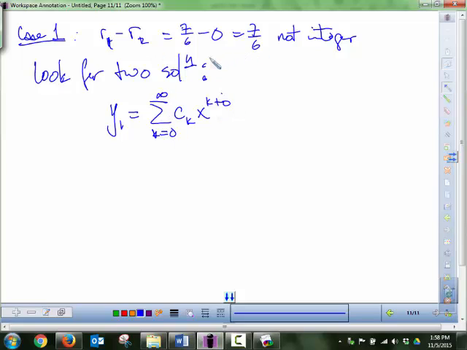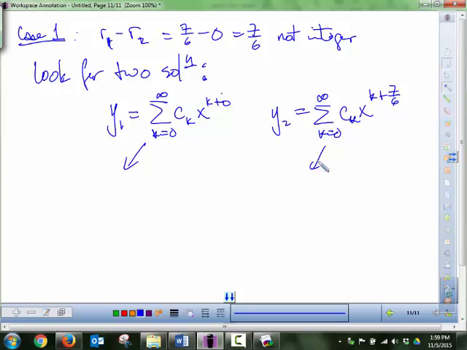That's your first root. And then your other solution, y sub 2, is equal to sum of c sub k x to the k plus 7/6. Okay? So this one will probably take us about 7 minutes to solve. This one will probably take us about 10 minutes to solve.